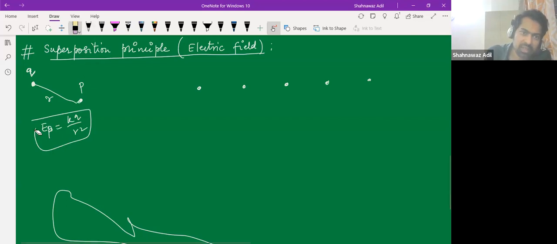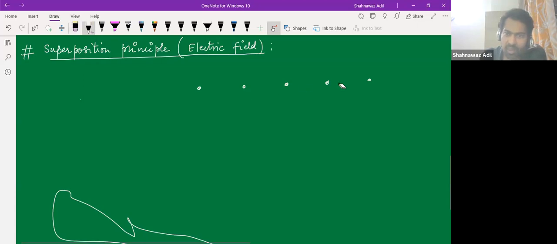So in a similar manner, remembering this, let's say I have multiple charges, and I'm calculating the electric field at this point. Let's say this is Q1, Q2, Q3, Q4, Q5, Q6, and this is the point where we find the electric field.